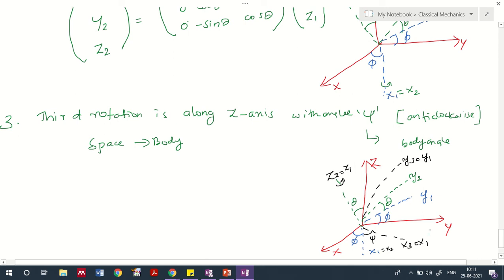Like that it will be completely transformed. Now we can say that this is a complete representation of Euler's angles.